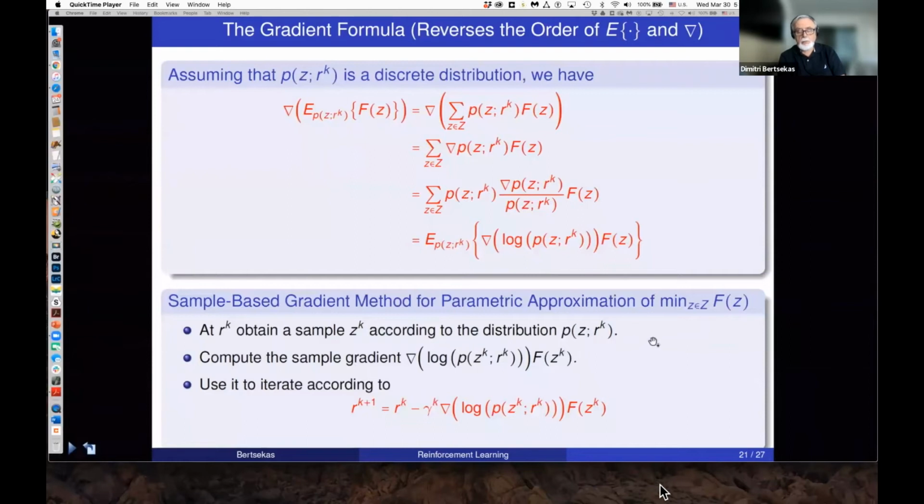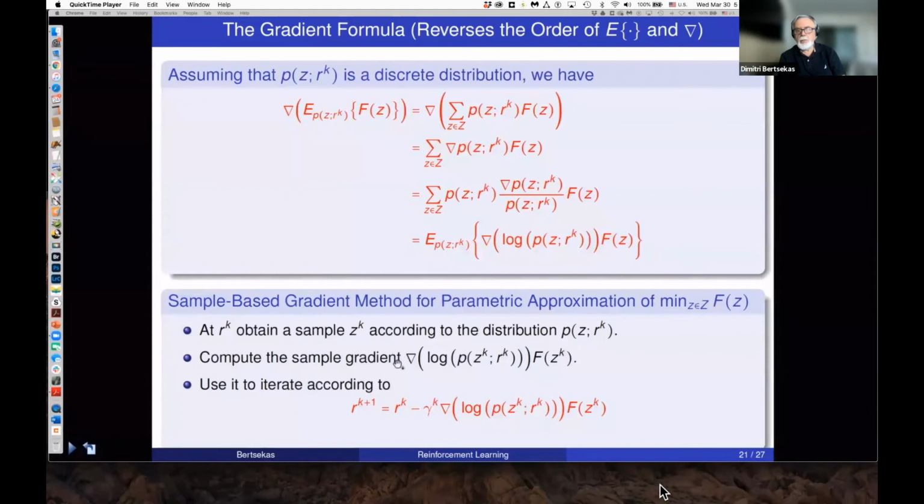So what we do here is, at the given point R_k, we are going to generate a new point, R_{k+1}. How do we do that? We obtain a sample Z_k using this distribution at the current value of parameters R_k. So now we have Z_k, and we compute this gradient here that corresponds to just this sample.